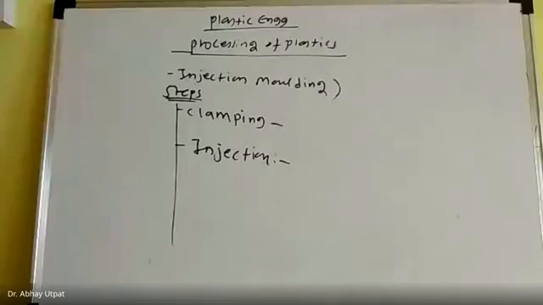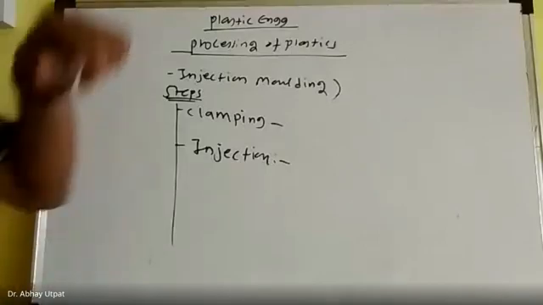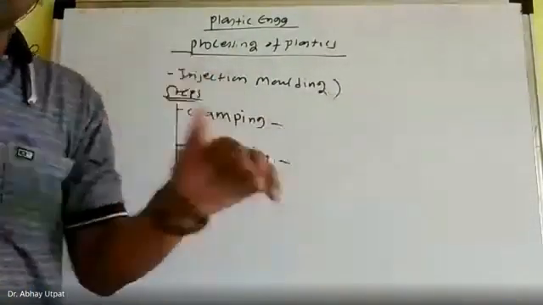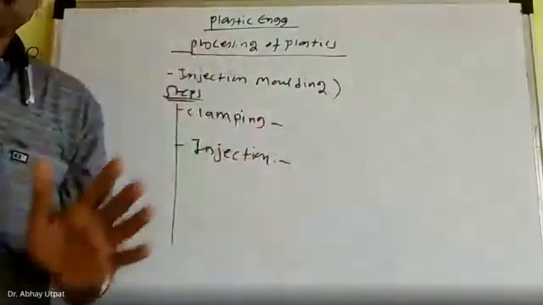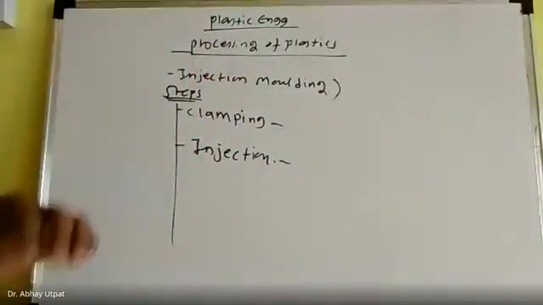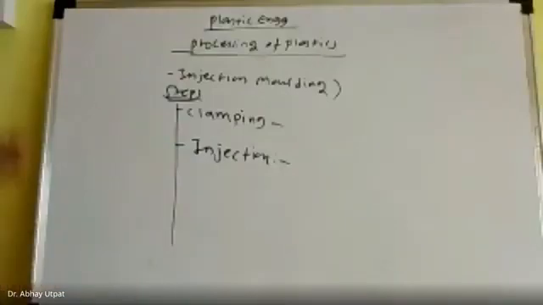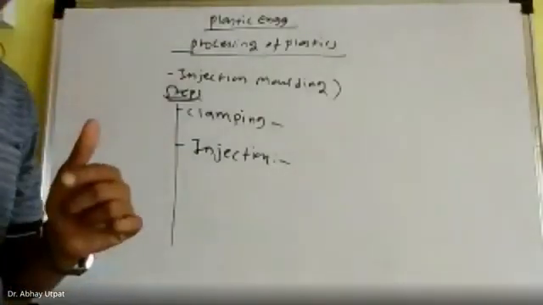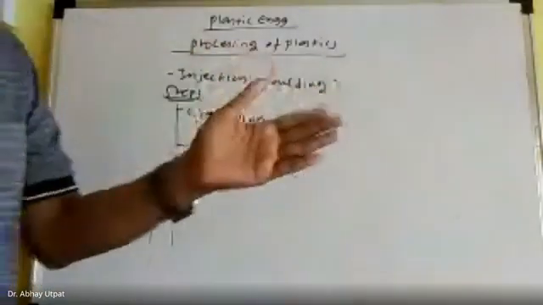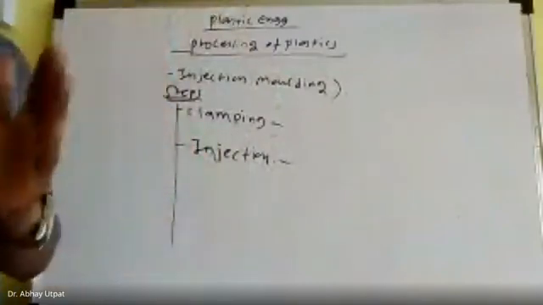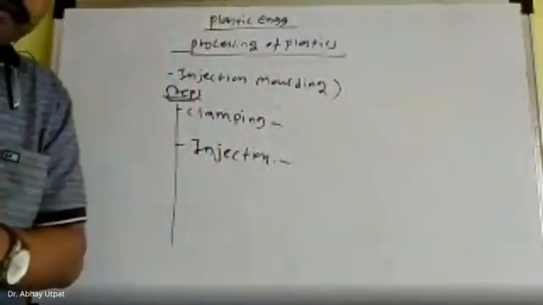Same thing, injecting the material into the die. Die means cavity of desired shape. When you inject the material into the die, you can fill that cavity completely and then you have to wait for cooling.